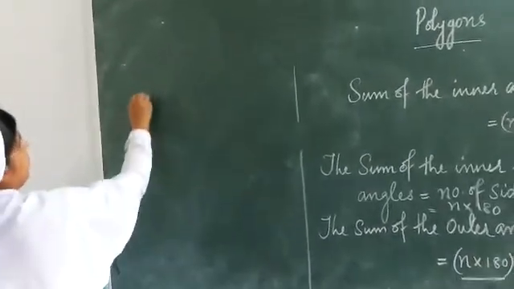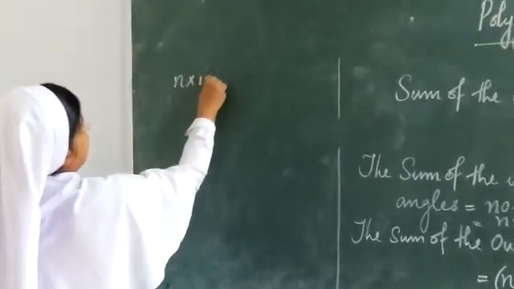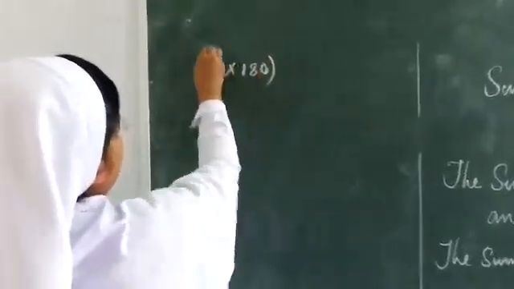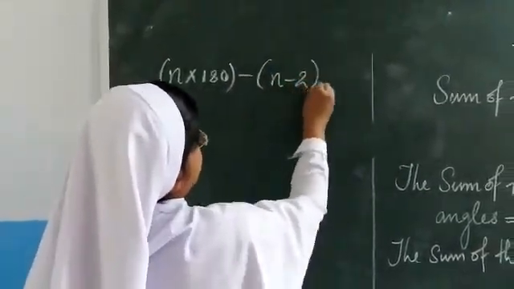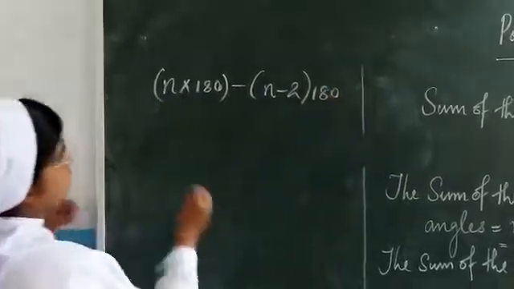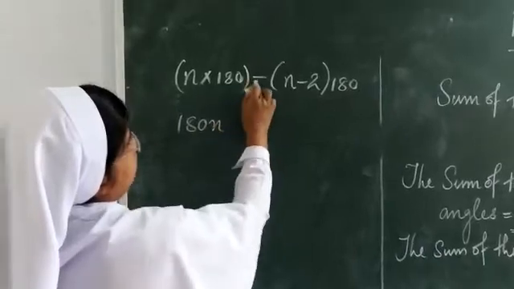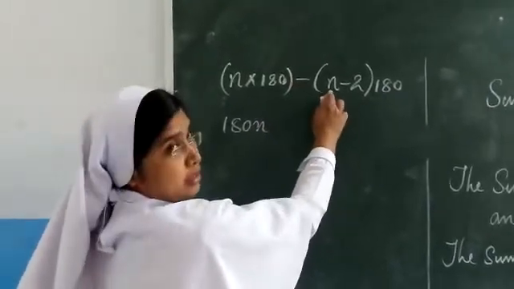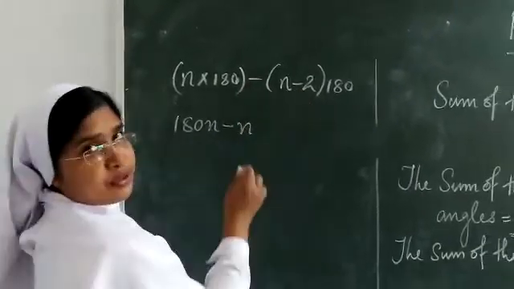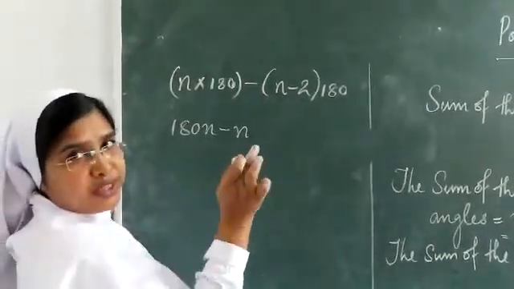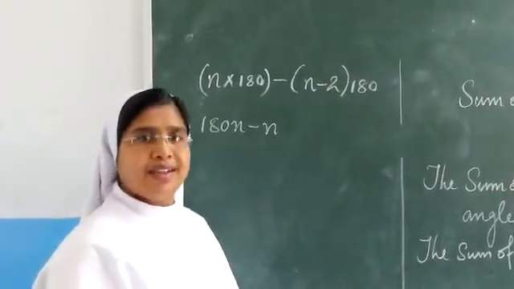So I have written n into 180, that is the total, minus n minus 2 into 180. n into 180, that is 180n, minus n minus 2 into 180. Minus into minus is how much? Do you remember?